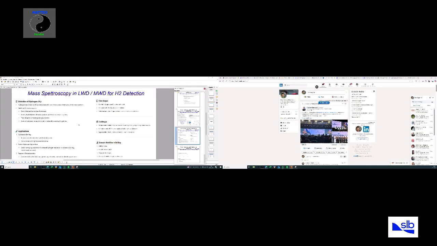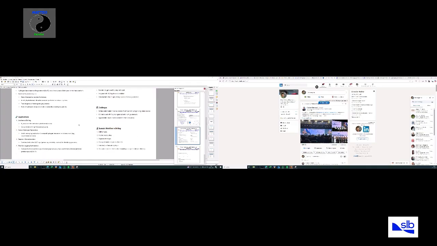We have several applications, starting from geothermal drilling, because in geothermal fluids we can have the presence of hydrogen, which often indicates hydrothermal activity and can correlate with high temperature zones.